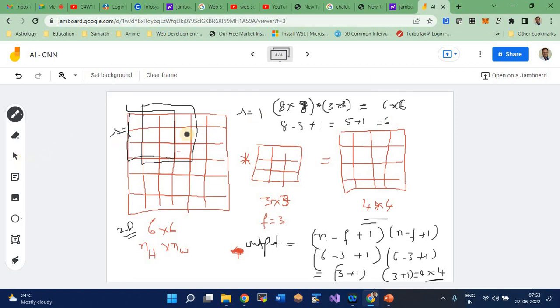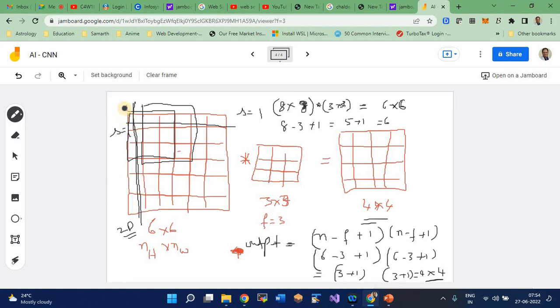Now you might ask me, sir, when I'm doing this 3 by 3 filter, what's happening is that this column and this column are not being utilized properly. This particular thing is not being utilized properly, right?